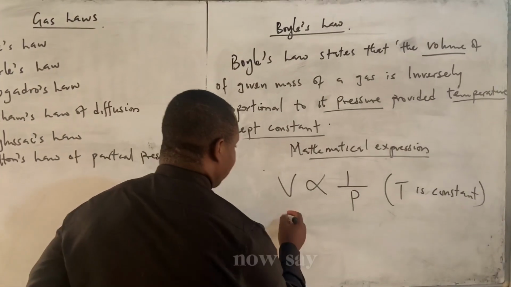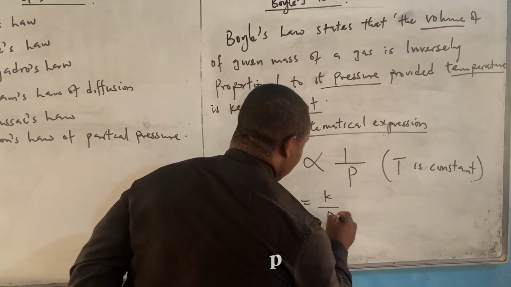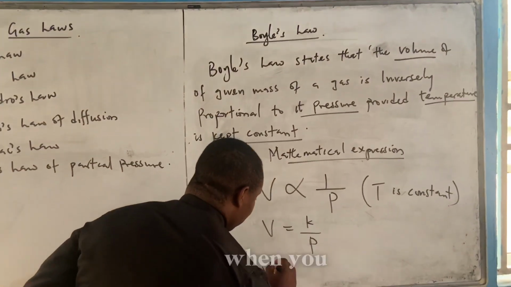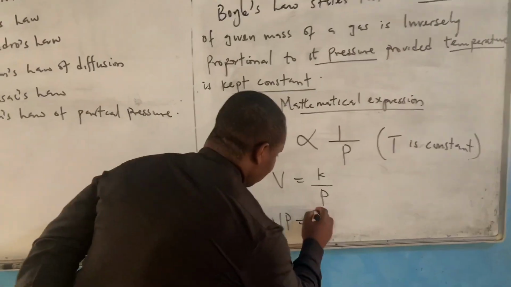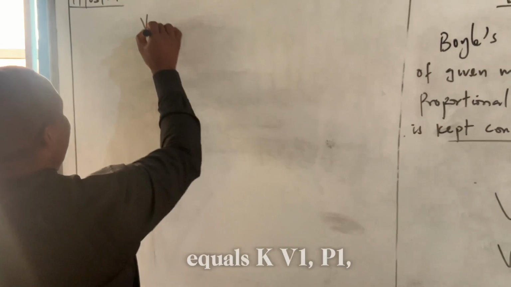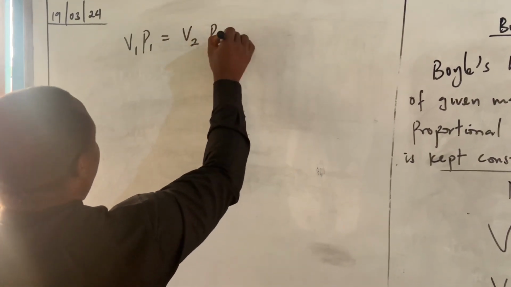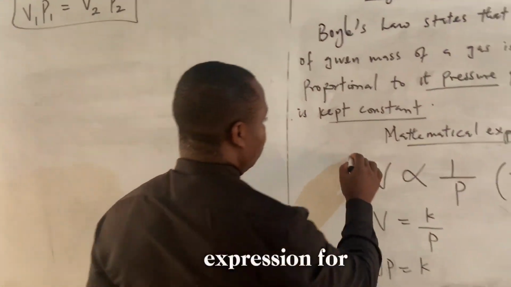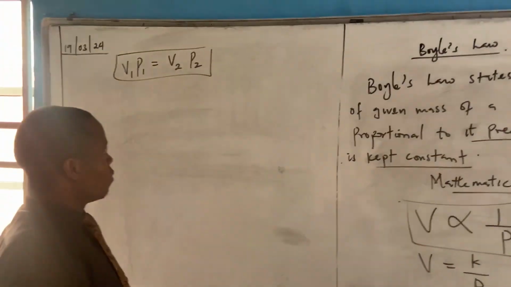So we can now say V is equal to K over P, where K is the constant we're talking about. Cross multiply, you're going to have VP equals K. V1P1 equals V2P2. And that is the mathematical expression for Boyle's law.